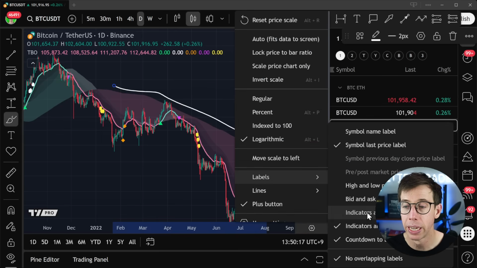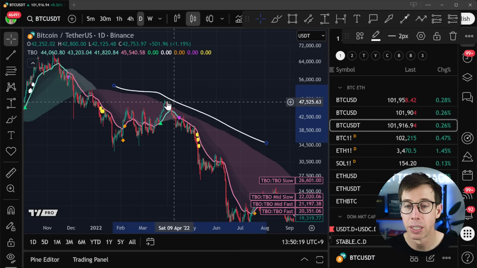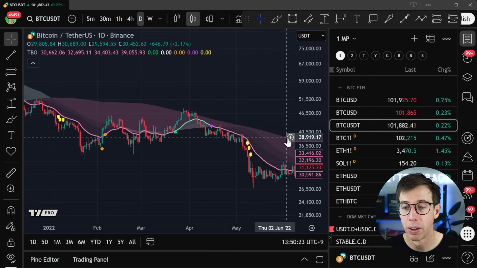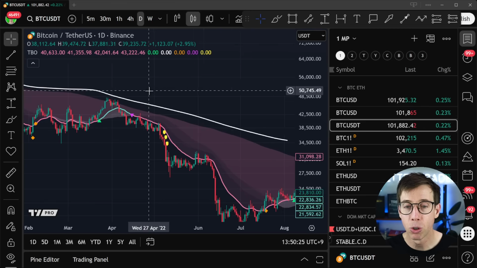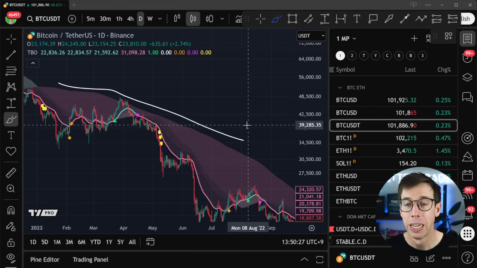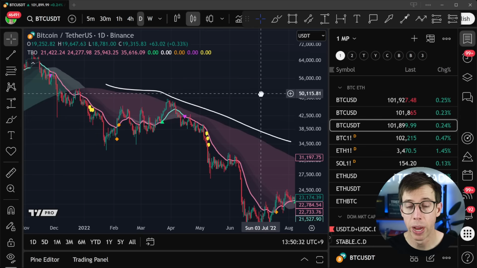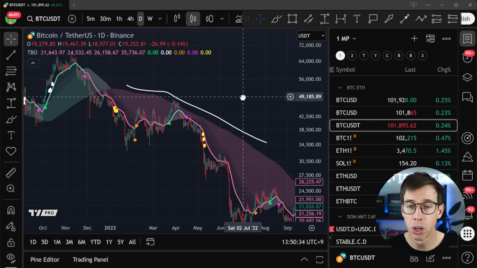Let me go ahead and put on the indicator labels right here so you can see. So the slow line is the one that's at the top, right there, okay? So when we have a strong bearish, as in this slow line is pointing down a lot, we should go with the trend. This is what makes this indicator so helpful.